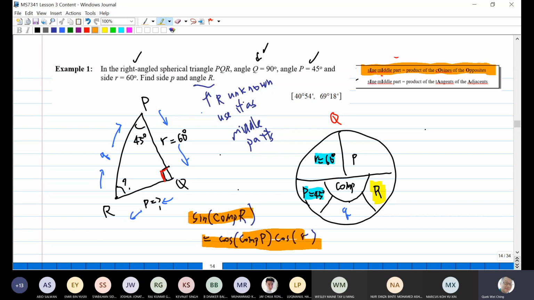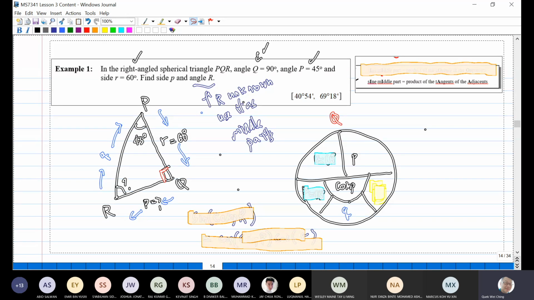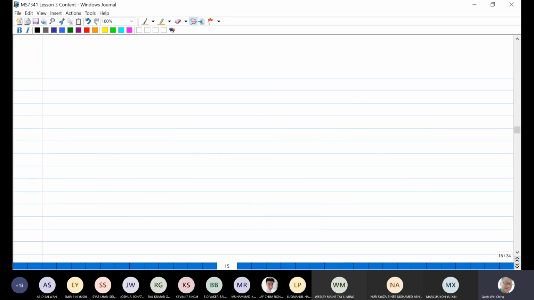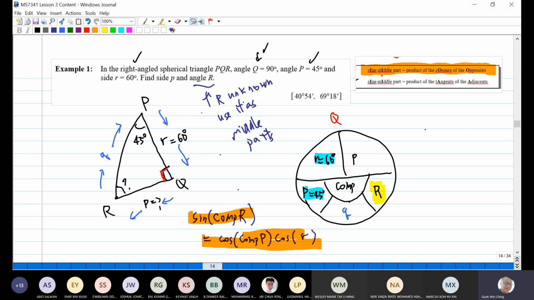So I'm going to copy this to the next page here. And select page first.